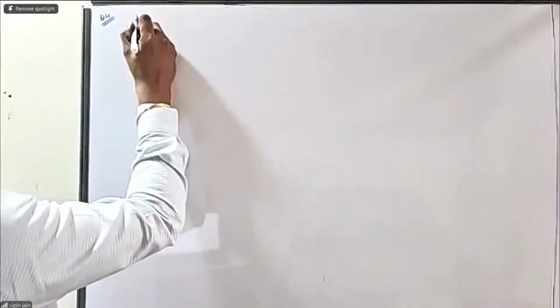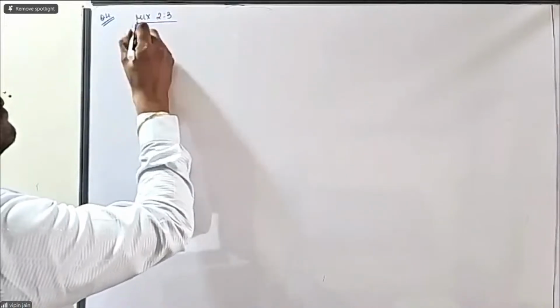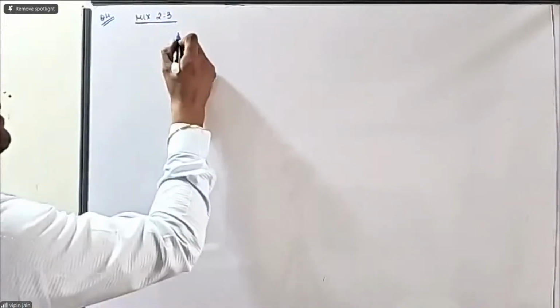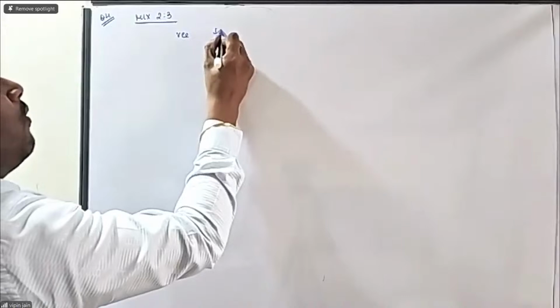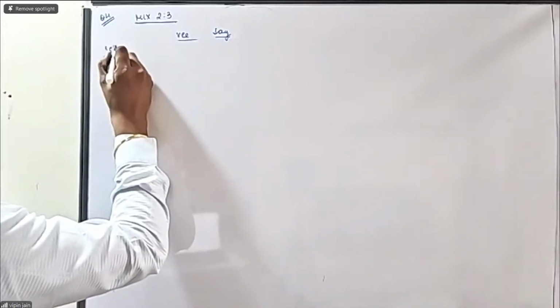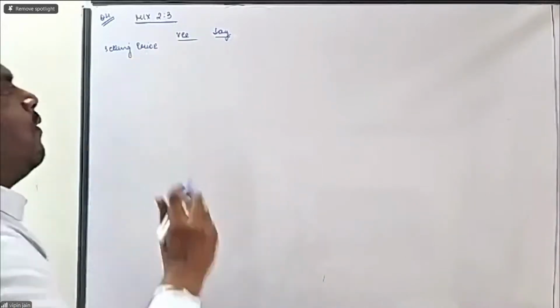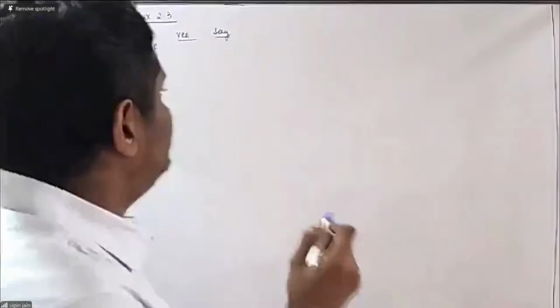So let's start with the first mix, that is 2:3. We have the selling price, that is 1800 and 2160.